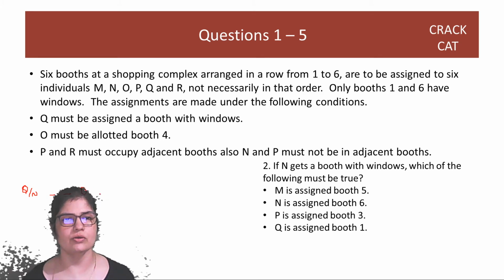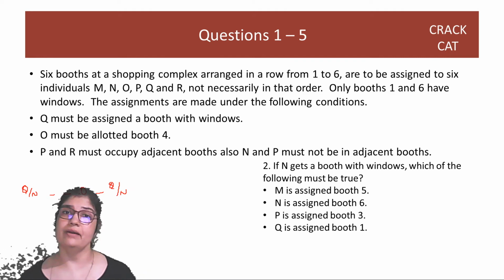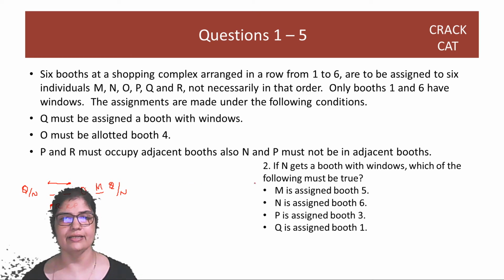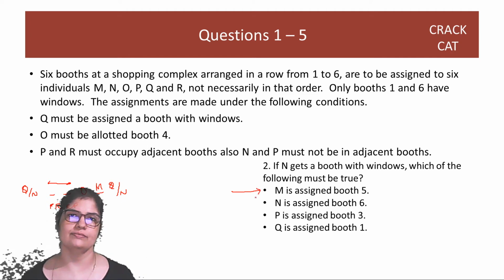Fourth is O. Fifth, I don't know. And then again Q and N. P and R are together. They need 2 consecutive places. P and R will go here in some order, right? P, R, R, P. Only one place left that M will take. So based on this data, I can say that M is assigned booth 5, first option.